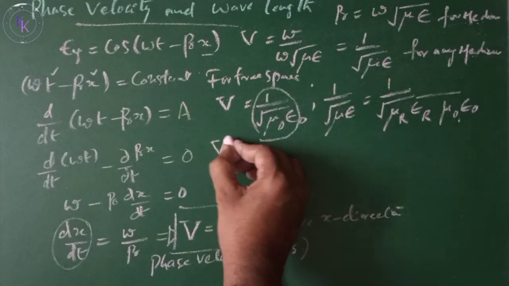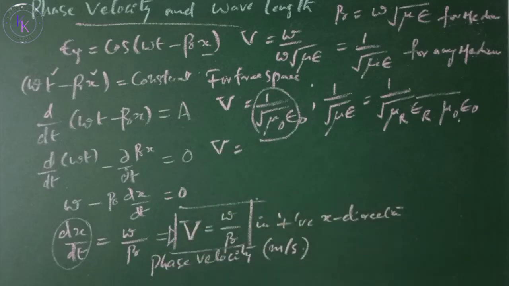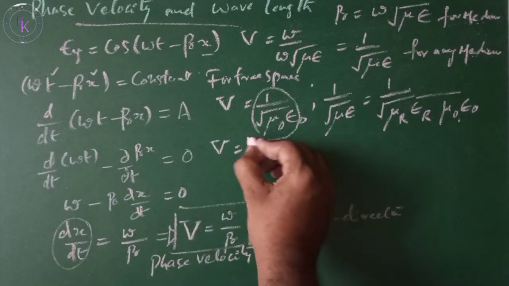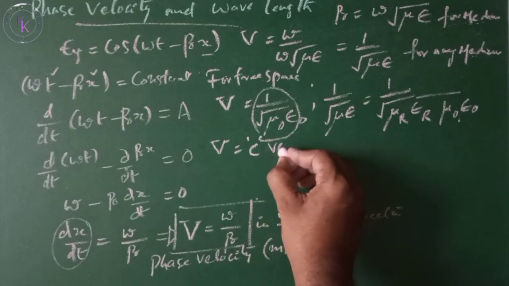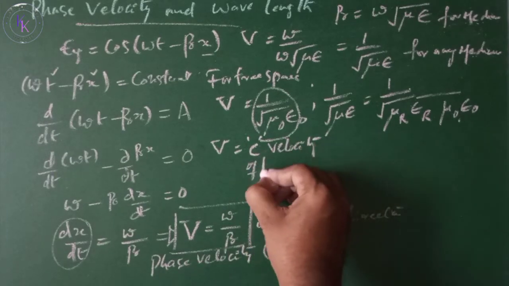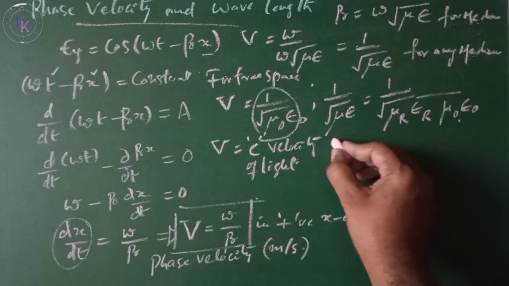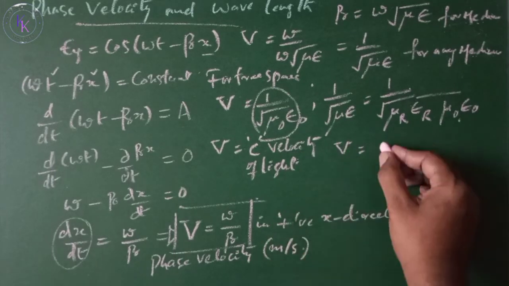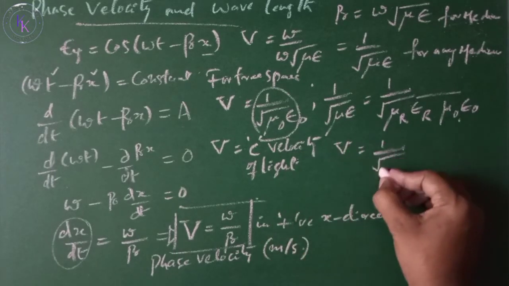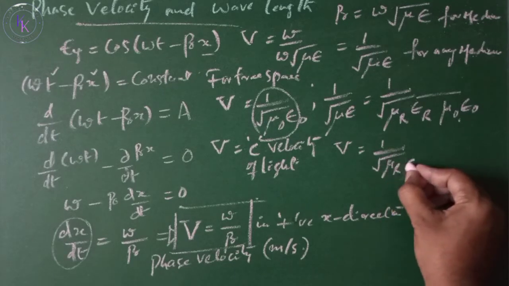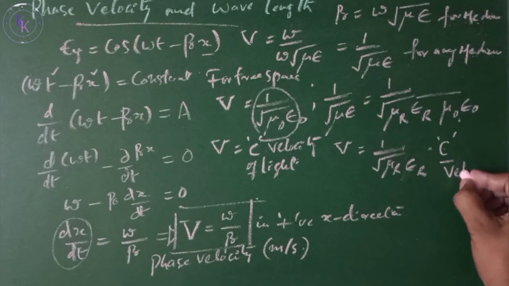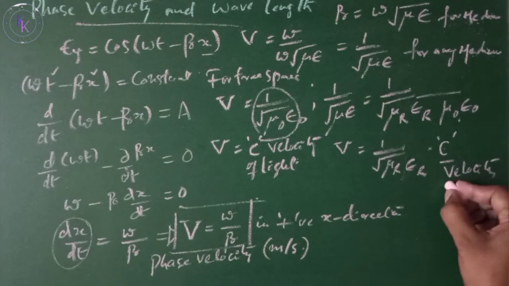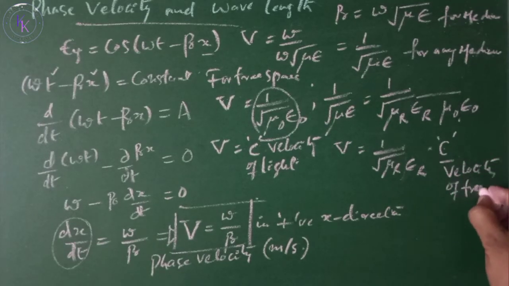So in free space, the velocity of the waveform equals the velocity of light. For a medium, we can write v equals 1 by square root of mu r epsilon r multiplied by c, the velocity in free space, which is nothing but light.